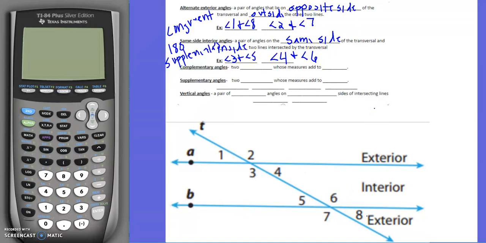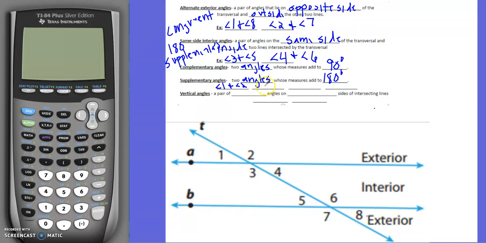Okay, complementary angles are two angles whose measures add up to 90 degrees. Supplementary is two angles whose measures add up to 180 degrees. There are tons of examples of supplementary. This is a straight line, so we could have angle 1 and angle 2.